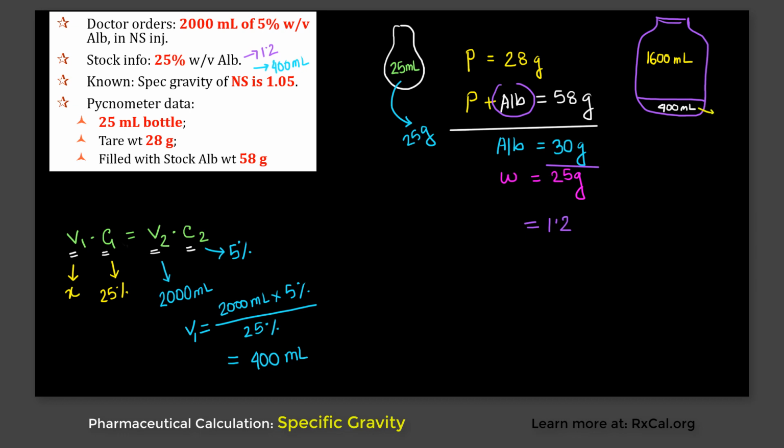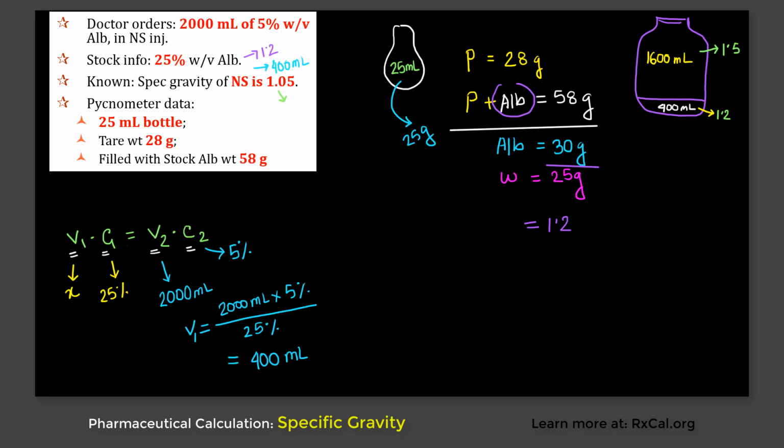This one has the specific gravity of 1.2. We already found out in the first step. And in here, the literature search says the specific gravity of normal saline is 1.5.